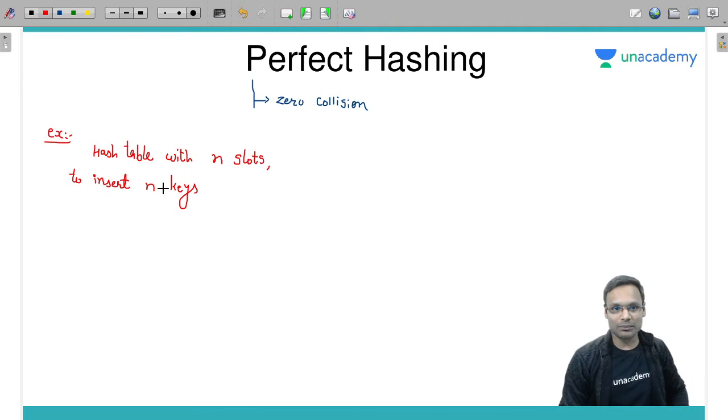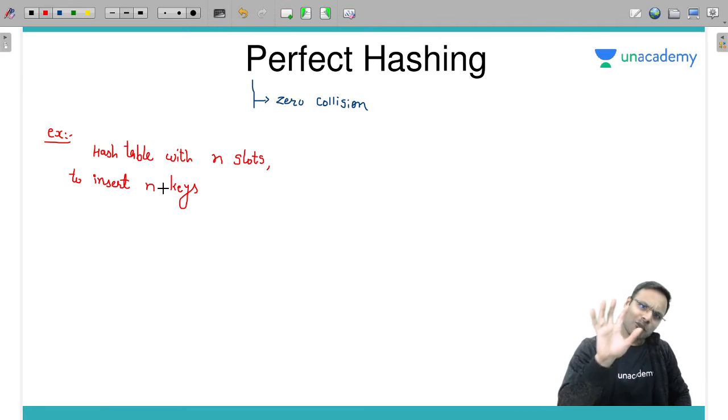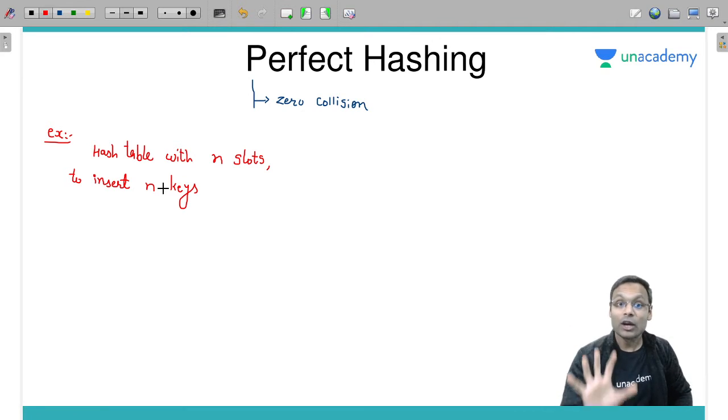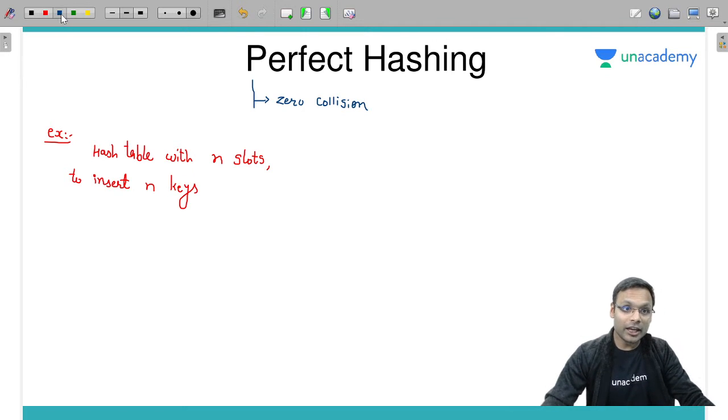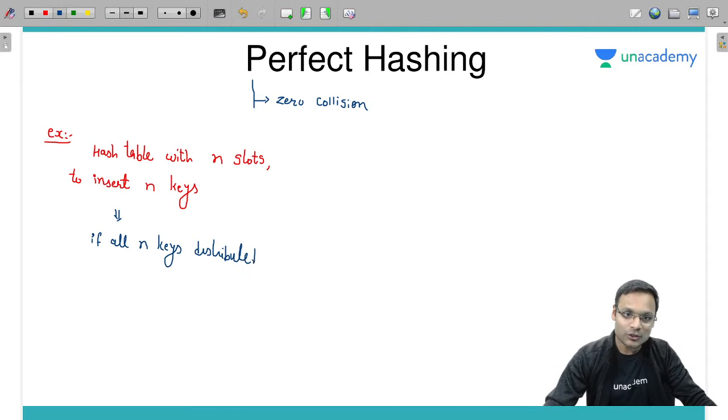Now if I am going to insert n keys in n slots, the possibility is there that we can have collision. But if all n keys are distributed over n slots without any collision, एक भी collision नहीं हुआ, then that particular situation will be called as what?